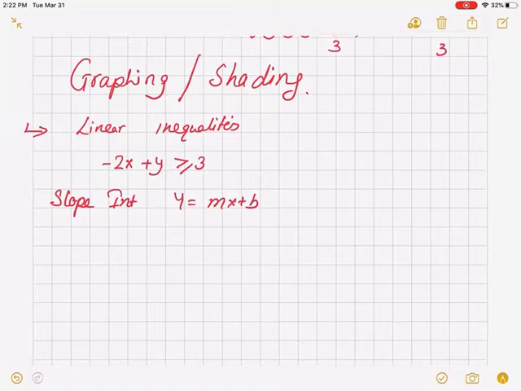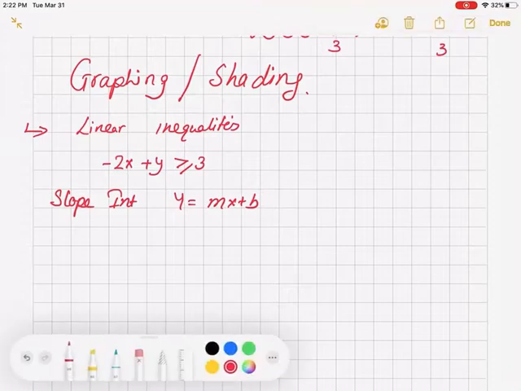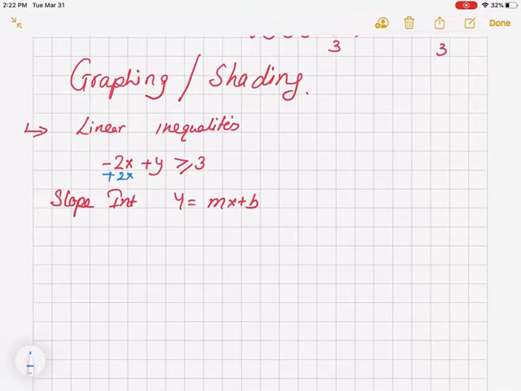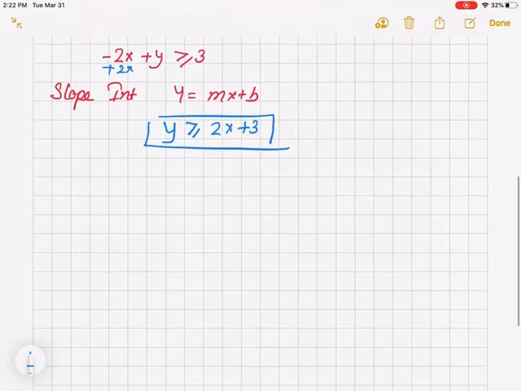It means you need to isolate y. Let me use a different color. Let's see if it still works on the graph. Yeah, I guess it should. If I subtract 2x, my equation would be y is greater than or equal to negative 2x plus 3. And don't forget, we switch the sign if we divide or multiply by a negative. Anyways, this is the inequality we're going to be graphing.